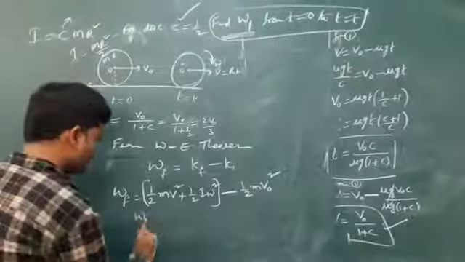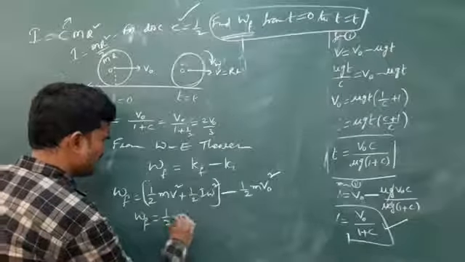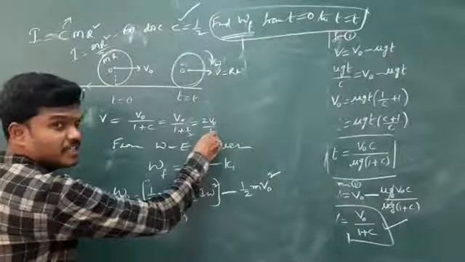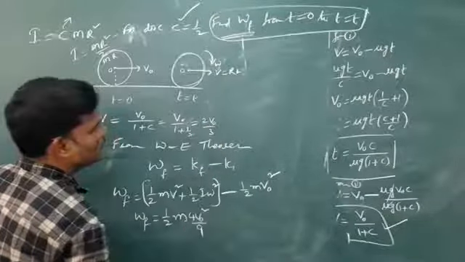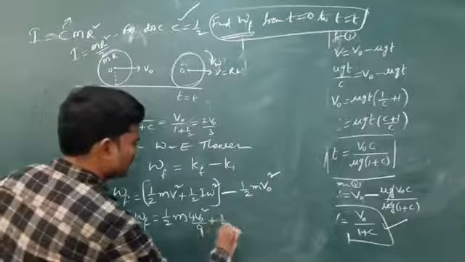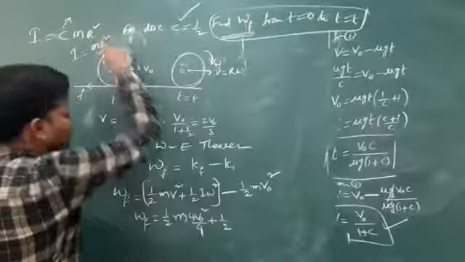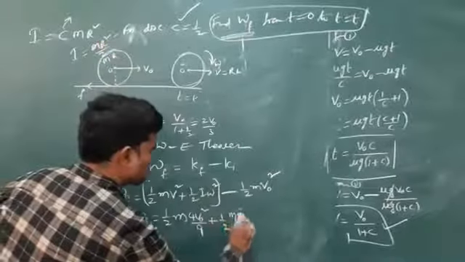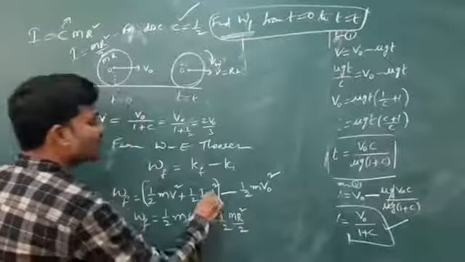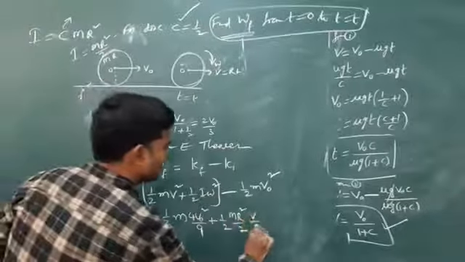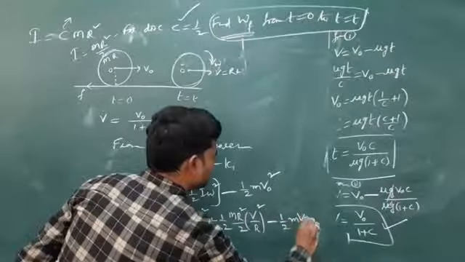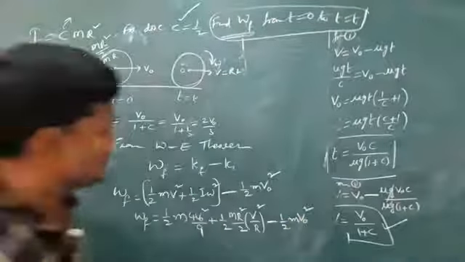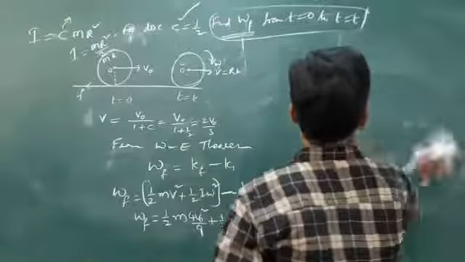So work done by the frictional force is half m v, 2v0 by 3 whole square, so 4v0 square by 9, plus half I, with I as mr square by 2, omega is v by r whole square, minus half m v naught square. So just substitute.